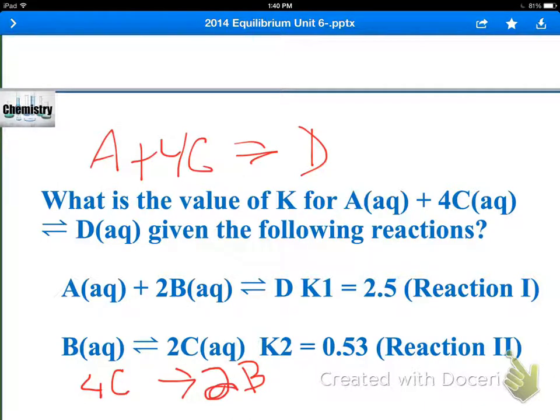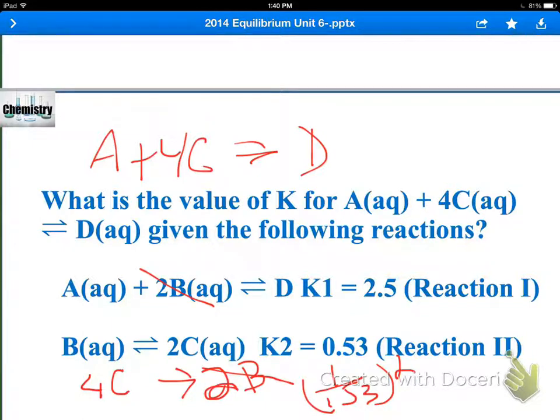You see that? Alright, so when I do that, I'm going to flip, so it's going to be 1 over 0.53, and then I double it, so that's going to be squared. Now let's make sure I can cancel stuff out. My 2B on the product side cancels with my 2B on the reactant side.